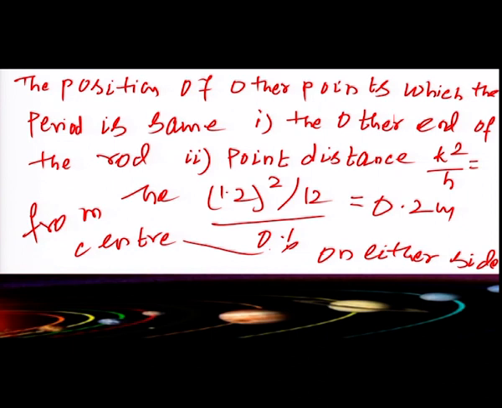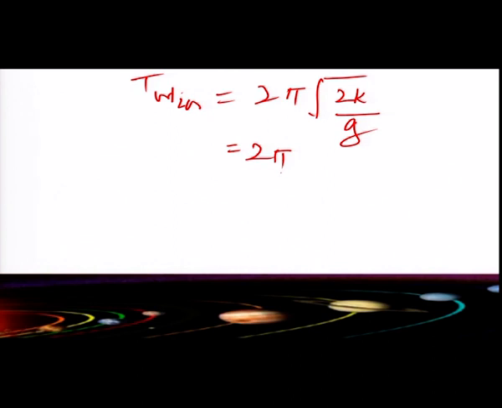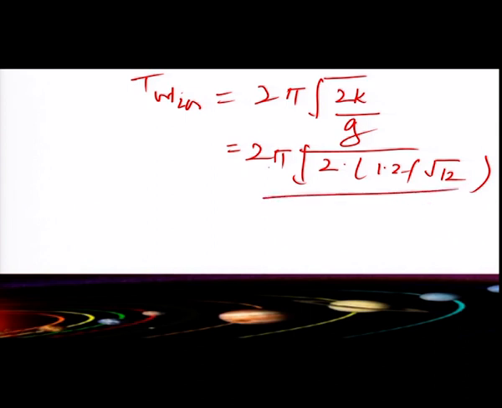So, therefore, we will calculate what is the time period minimum. Therefore, the time period minimum is 2 pi root of 2k by g, that is equal to 2 pi root of (2 into 1.2 divided by root 12) divided by 9.8.